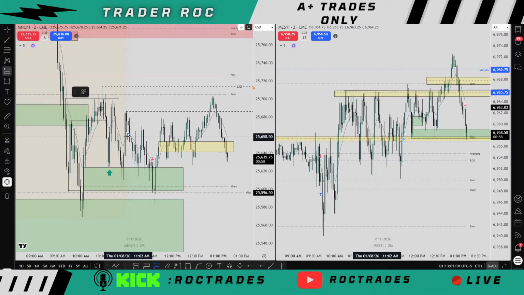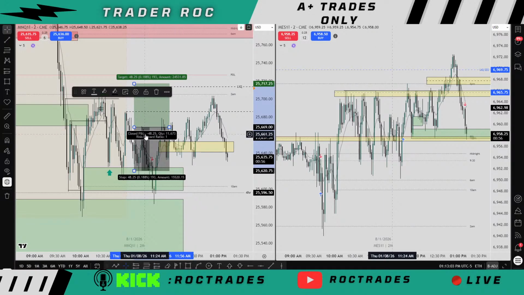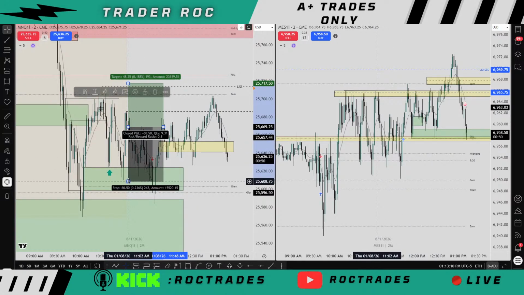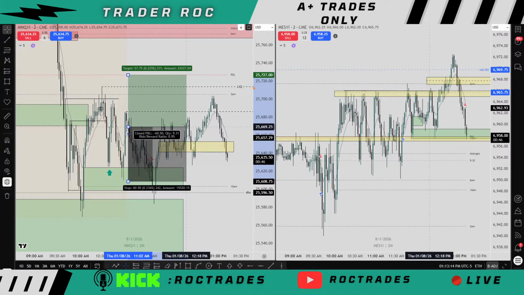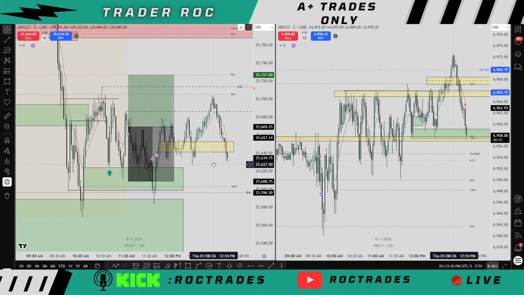Boom, boom, boom. Where was this entry? Entry here, stop below here, get stopped out. Previous day low, still untouched. Trade number 1, body bag.